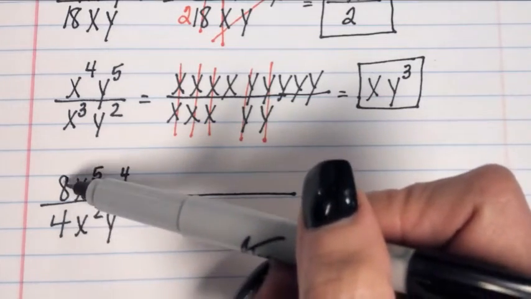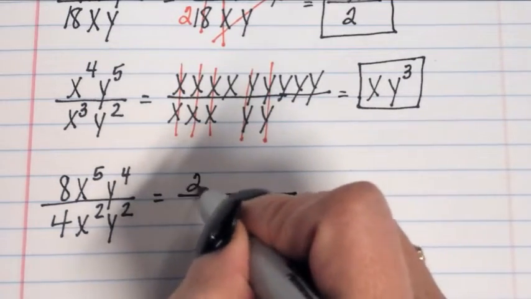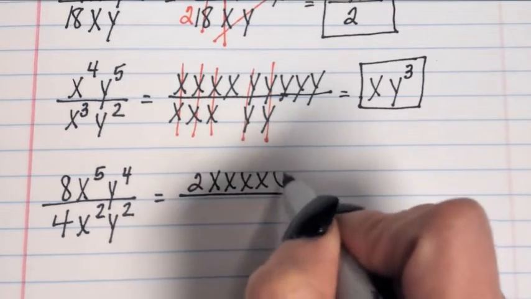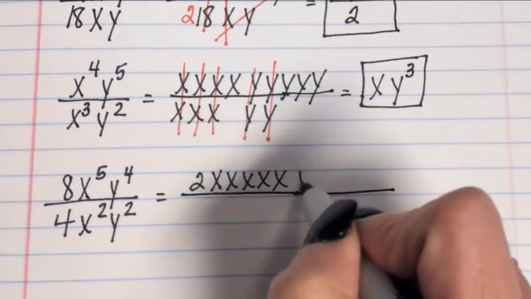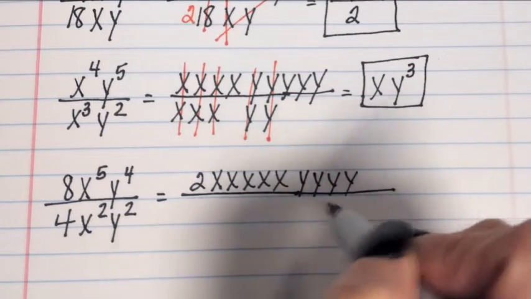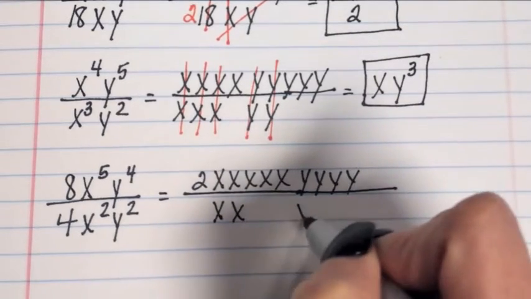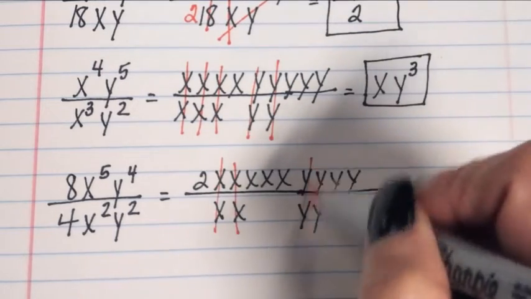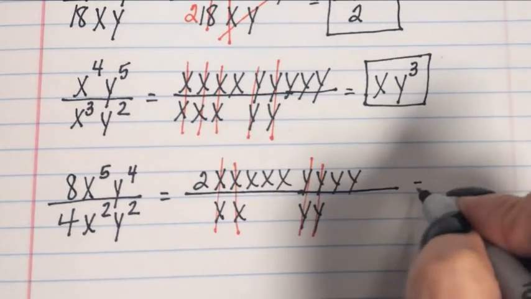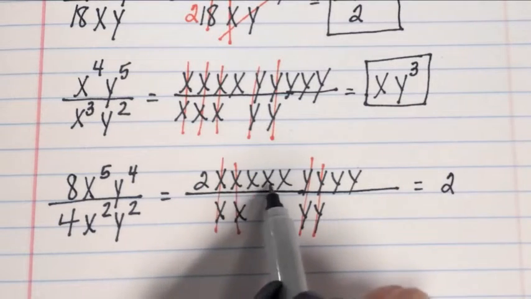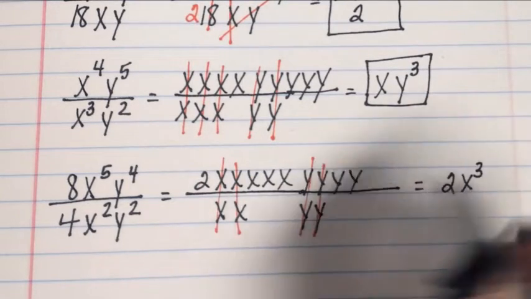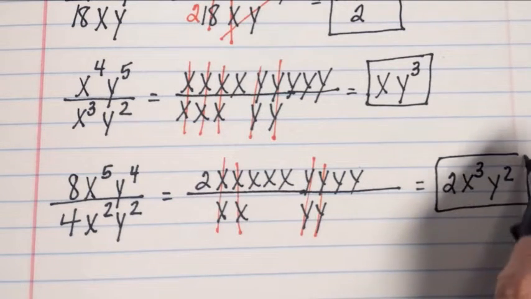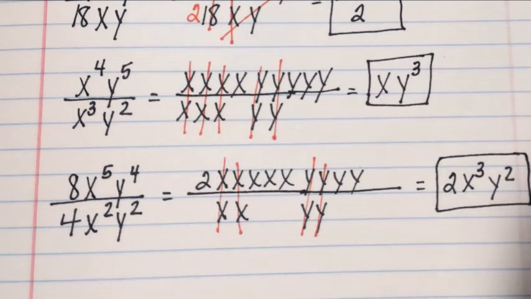You're not subtracting. 8 divided by 4 is 2. Then we have 5 x's, 1, 2, 3, 4, 5. And I have 4 y's, 1, 2, 3, 4. I have 2 x's and 2 y's on the bottom. X's are going to cancel, y's are going to cancel. So here's what I've got. I've got a 2, 1, 2, 3 x's, 1, 2 y's.